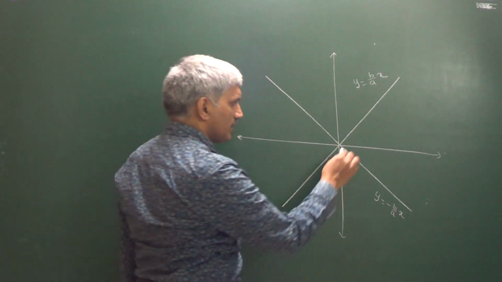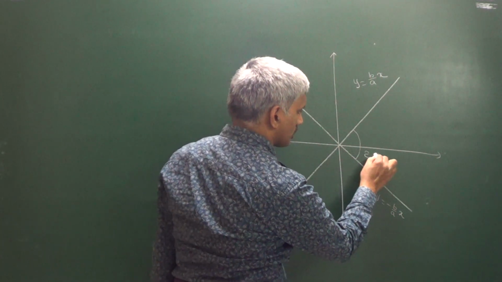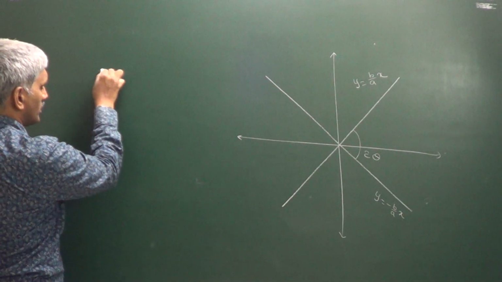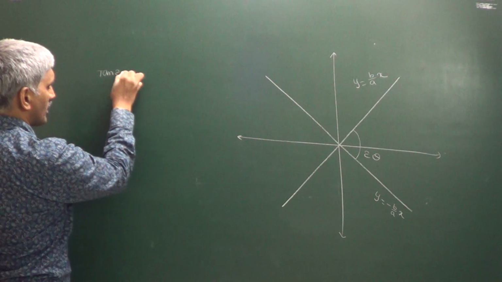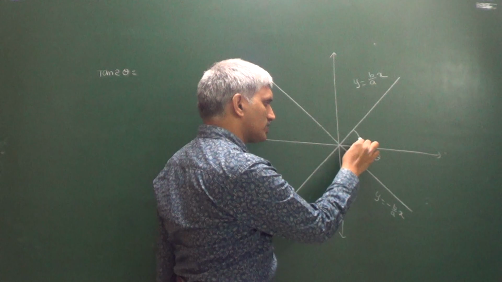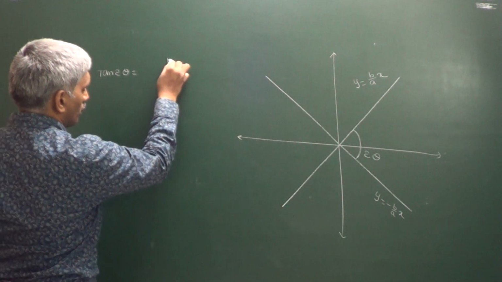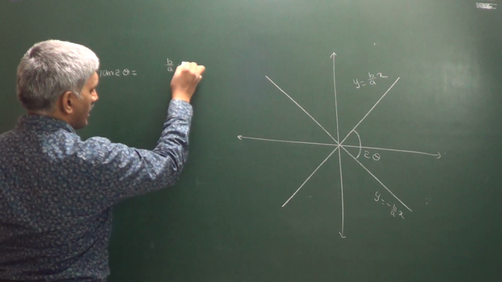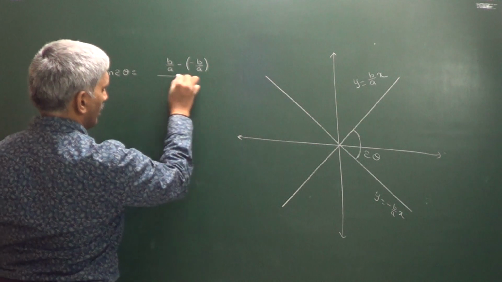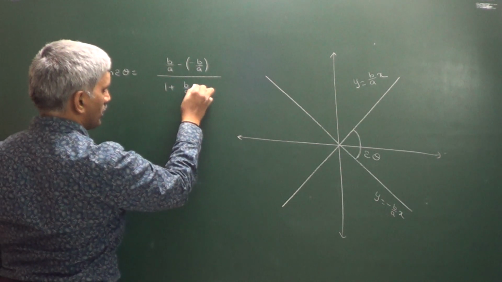Now let us say the angle between these two asymptotes is equal to 2 theta, right? Then tan of 2 theta, what can we write? Because I am assuming the angle between these two asymptotes is 2 theta, tan of 2 theta is equal to m1 minus m2 divided by 1 plus m1 into m2.